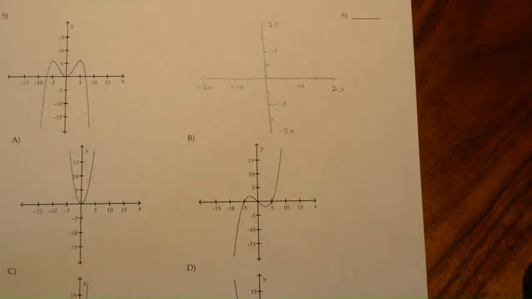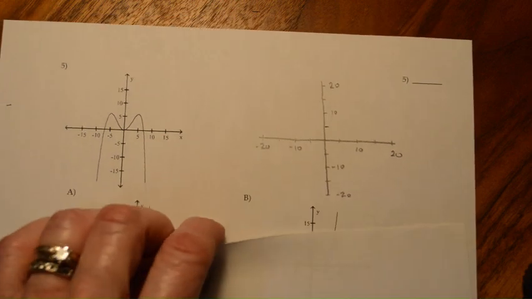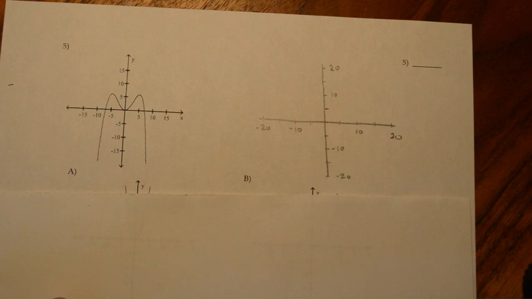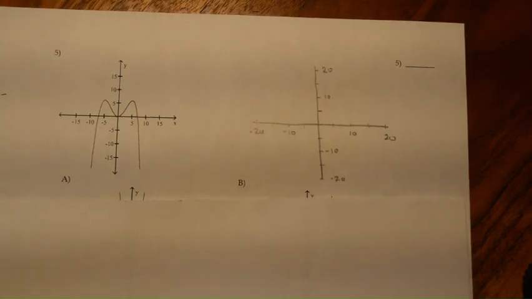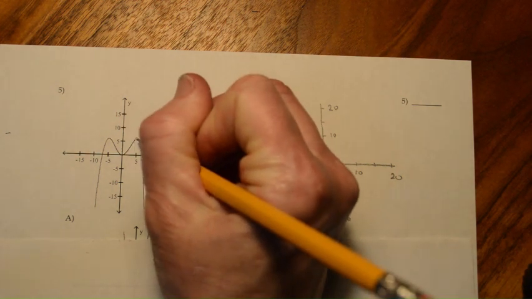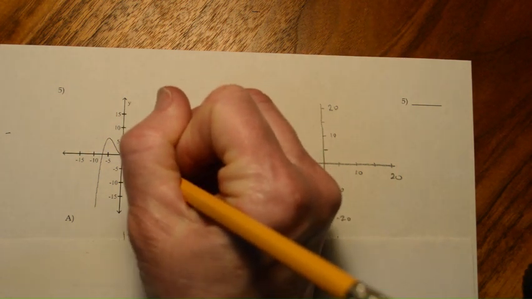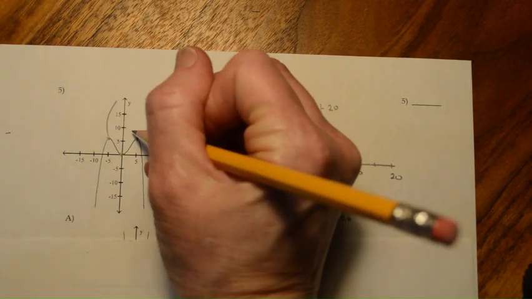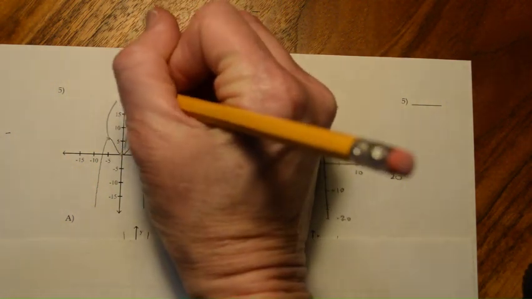Let's look at number 5, and again, I'm going to cover these up. So if we mark what is important here, I would say that at these 3 spots, at that max, that min, that max, the slope is 0 at all 3 of these points.